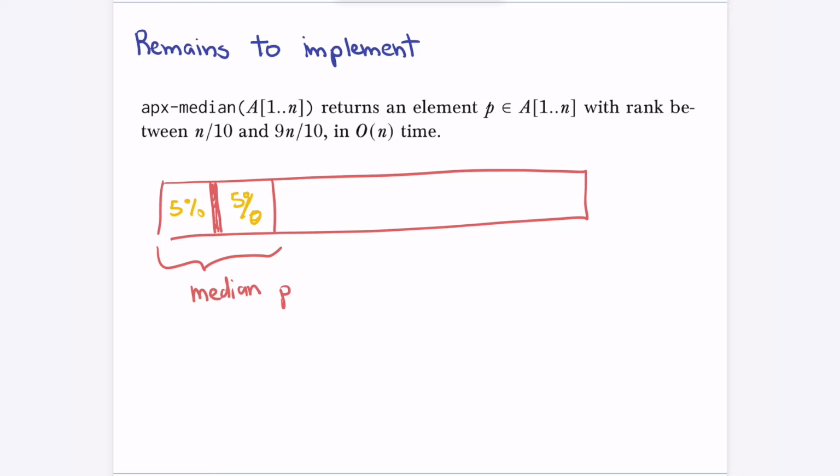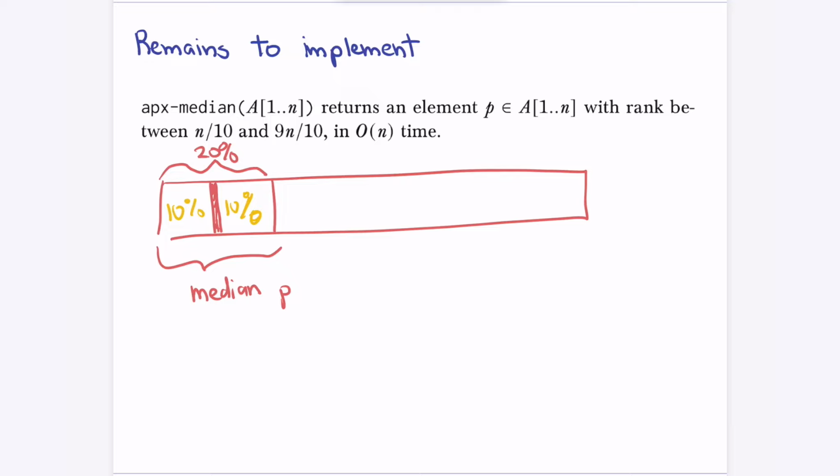But of course, we could have made that twice as big. So maybe I'll just say this was 20% all along, and you get the median out of your 20%, then you're guaranteed something in between that at least gets rid of 10% for you, right?